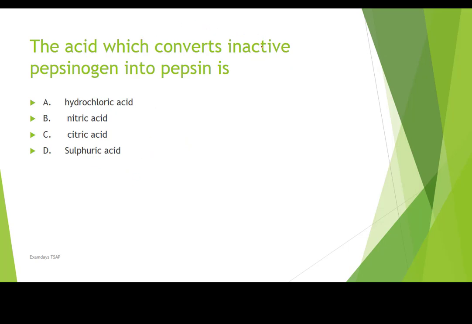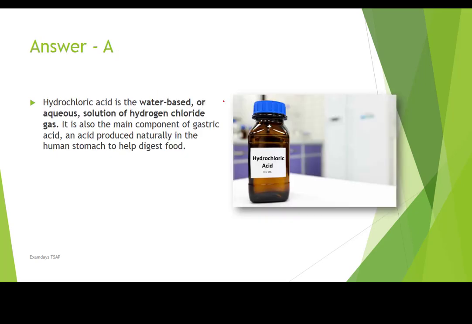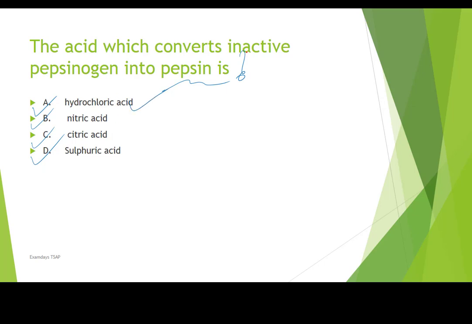The acid which converts inactive pepsinogen into pepsin is option A, hydrochloric acid, B, nucleic acid, C, citric acid, and D, sulfuric acid. The correct answer is hydrochloric acid.